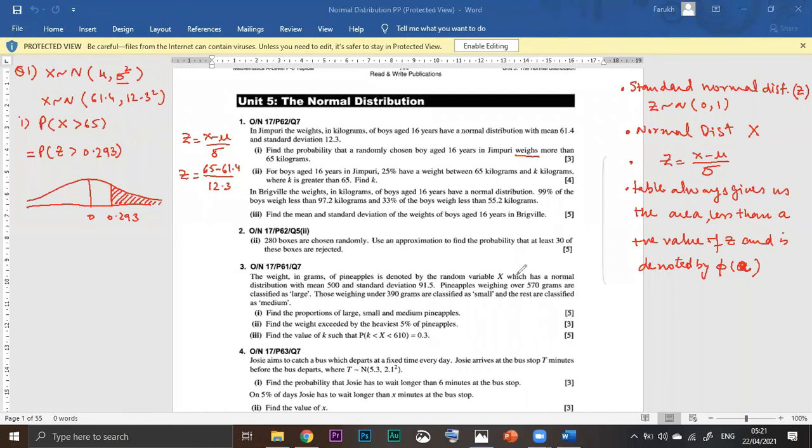Now if we locate this value 0.293 in the table, then we will get the area on the left hand side. The total area under the curve is always 1.